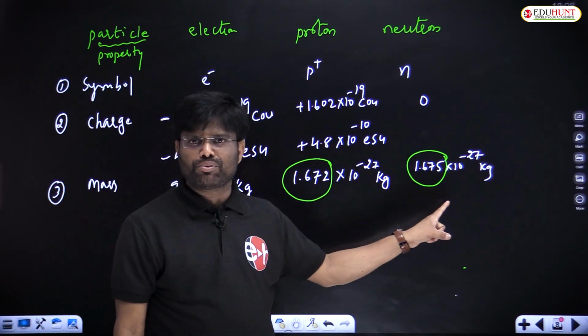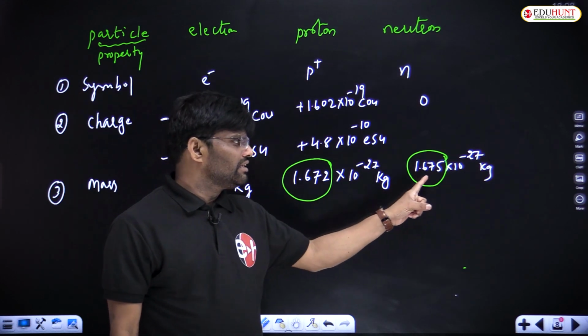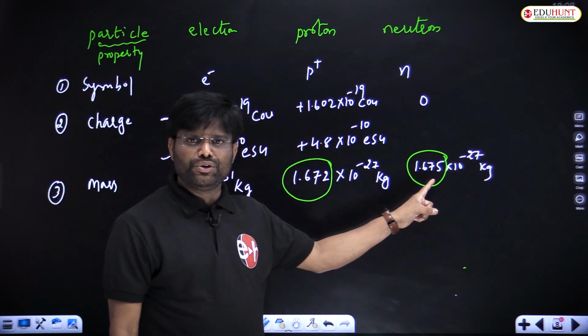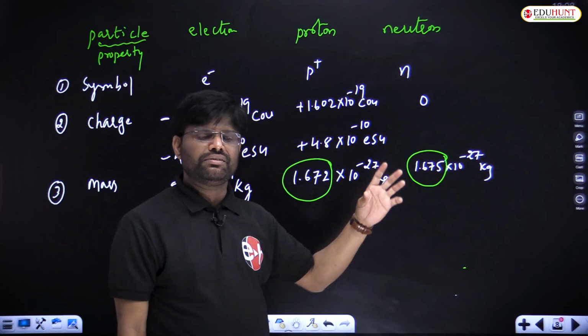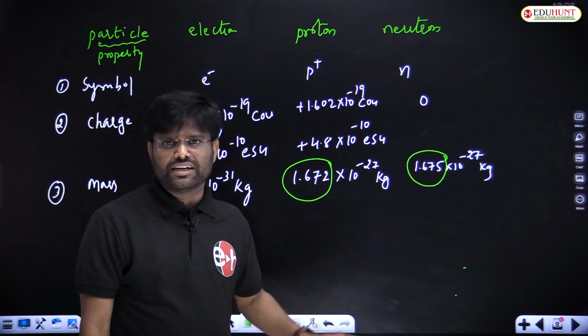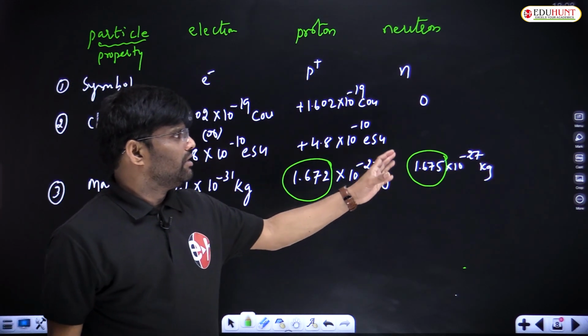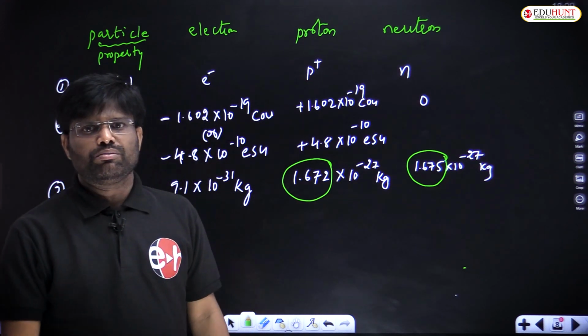The mass of proton is slightly less than the mass of neutron. Understanding what I am telling? So they will ask, mass of neutron is slightly more than mass of proton.